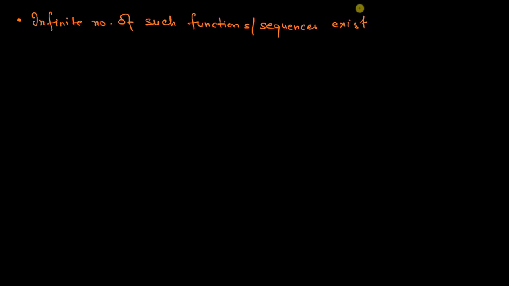The first point is that infinite such functions or sequences exist that tend to the delta function in a particular limit.